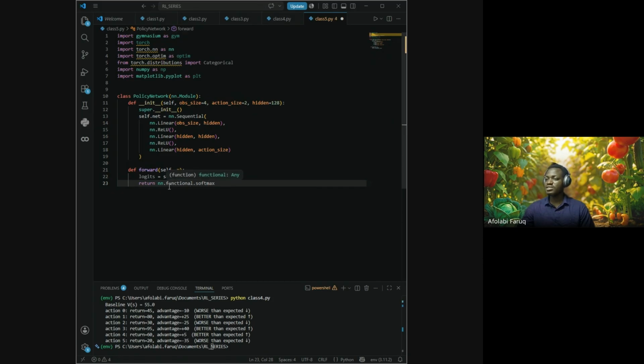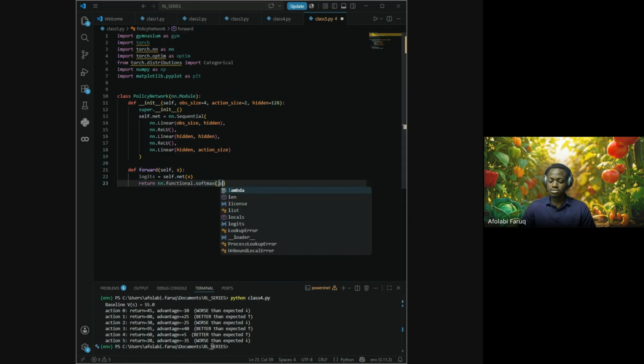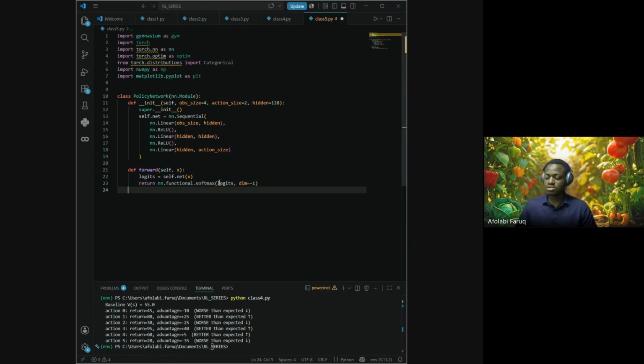So we have nn.functional.softmax, and here we pass in the logits into it, with dim equals -1. So yes, that is that.